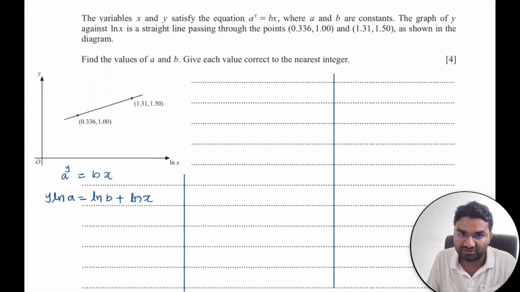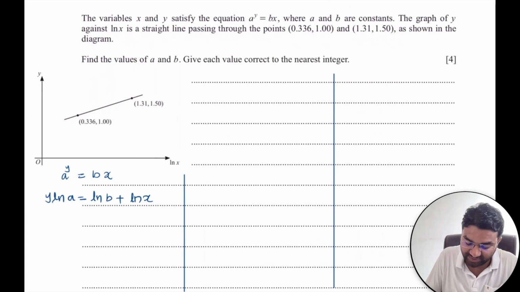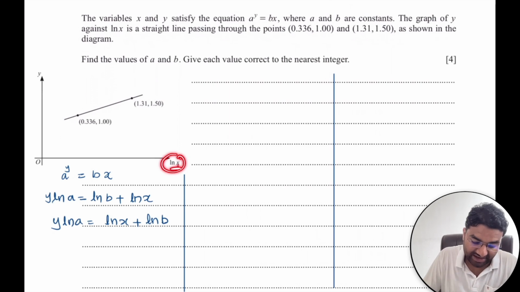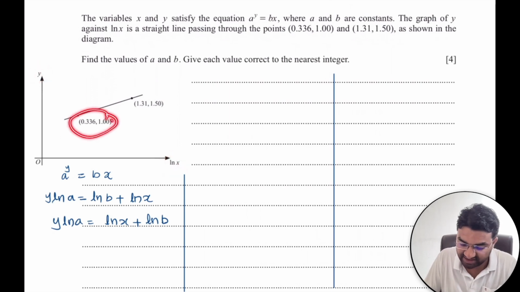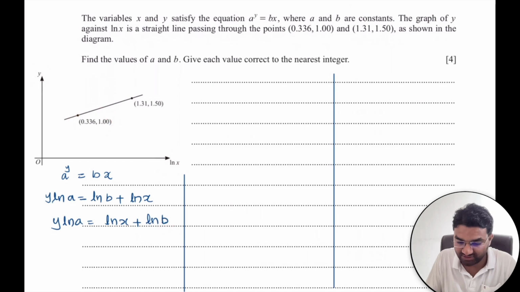We have to write this equation in the form y = mx + c, so y ln a = ln x + ln b. This graph is given in the form of y versus ln x. So you have 2 points and 2 variables. You just have to substitute, simplify, and you will get the answer straight away.